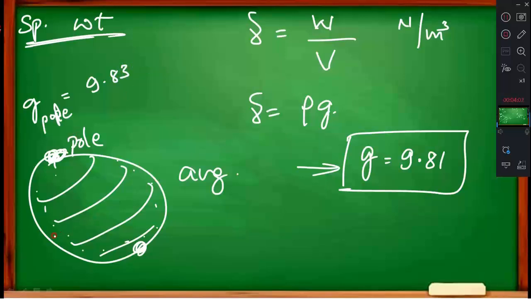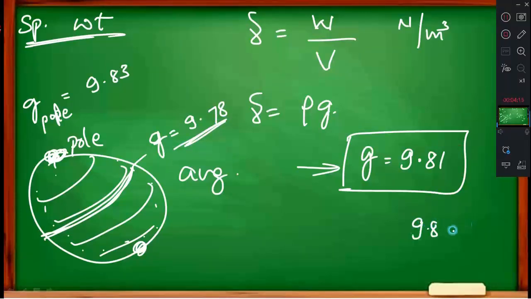And G at equator you may have 9.78. But for calculation purpose you consider 9.81. What is the unit? Meter per second square.